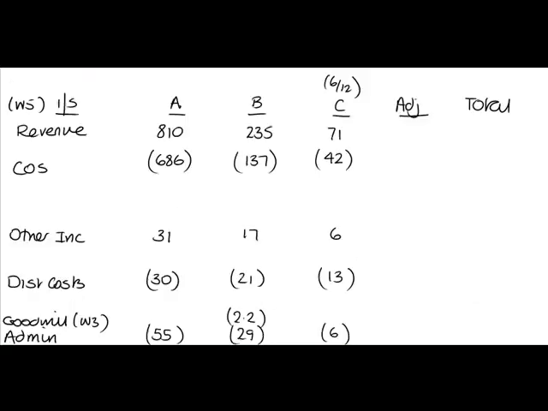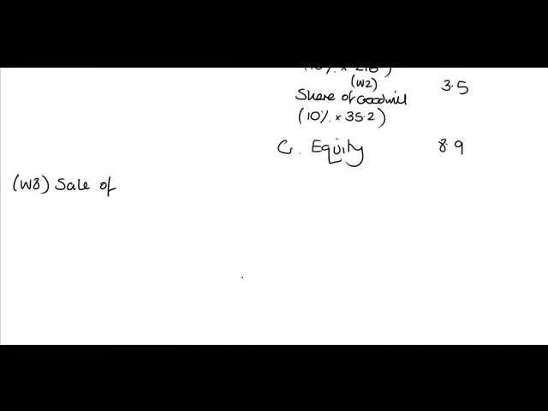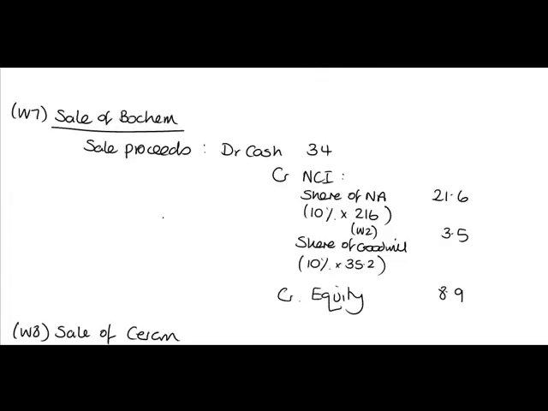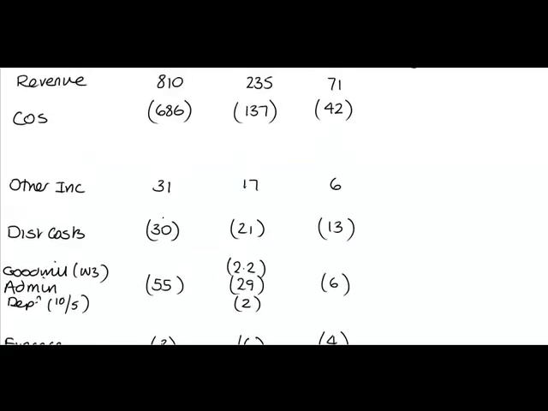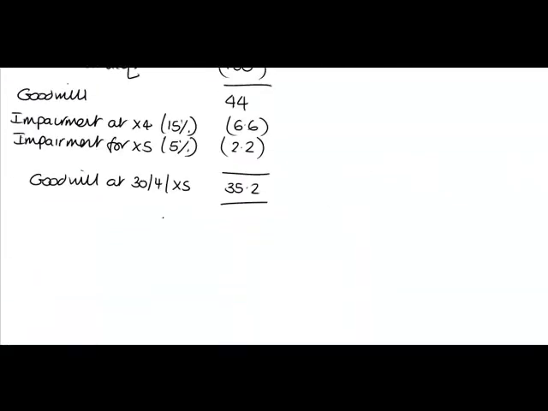So we need to do a calculation for the sale of Ceram. The proceeds were 90 million. The net assets at that date were 160. We go to our net assets working.